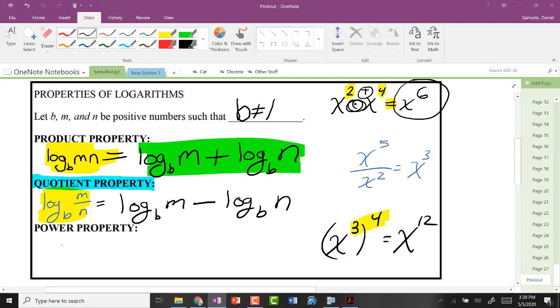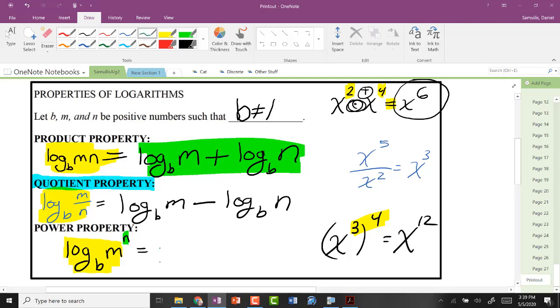So if I have log base b of m to the n, now remember this was tricky. A logarithm is equal to an exponent. So this is considered to be equal to an exponent, and we're multiplying the exponents.